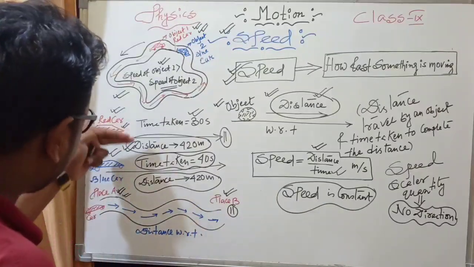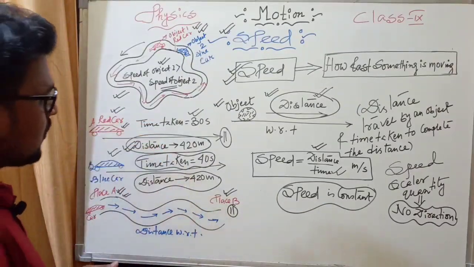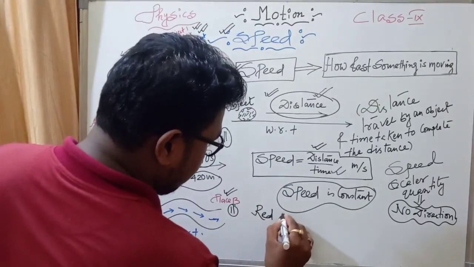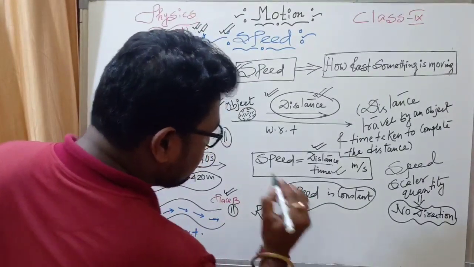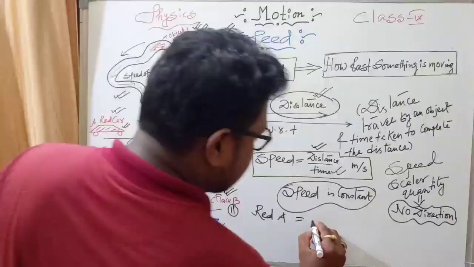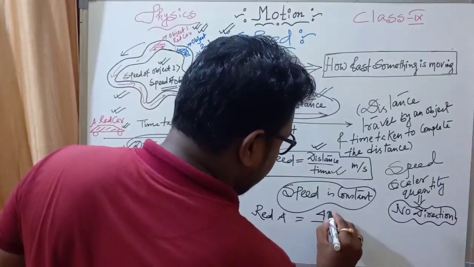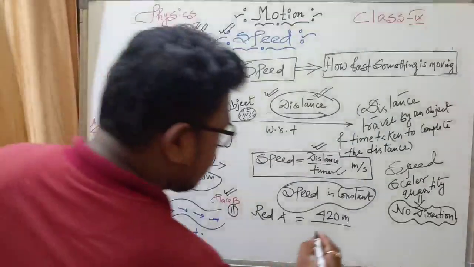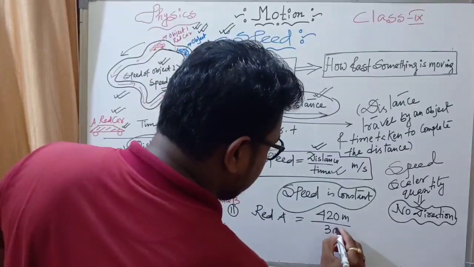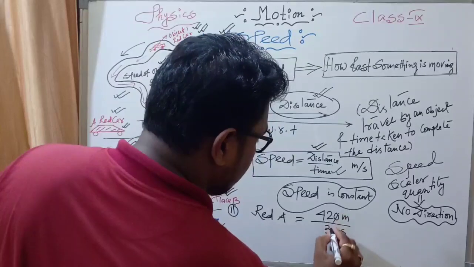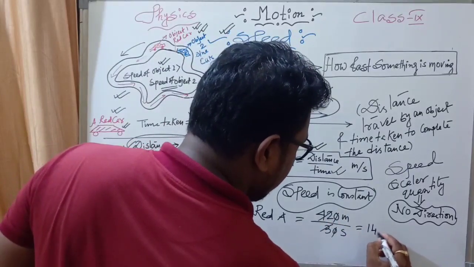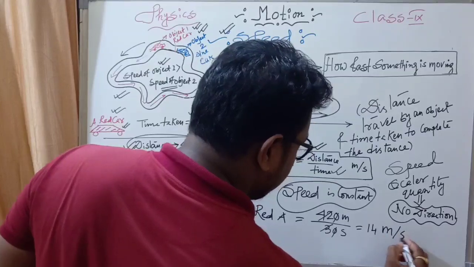So using these two values, we find the speed of the red car, car A. The distance given is 420 meters, and the time given for the red car is 30 seconds. That is 14 meters per second.